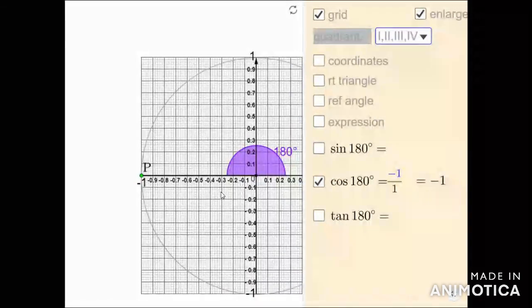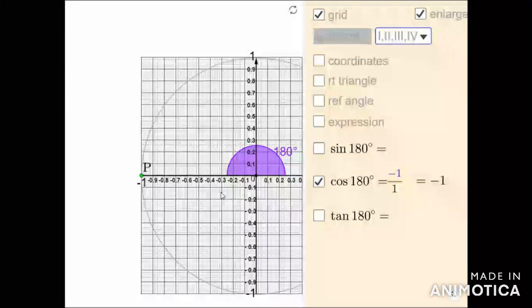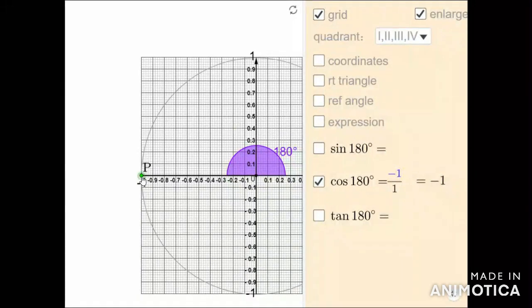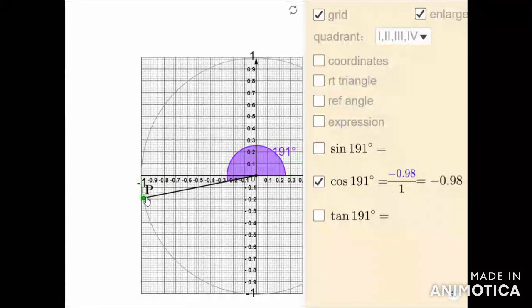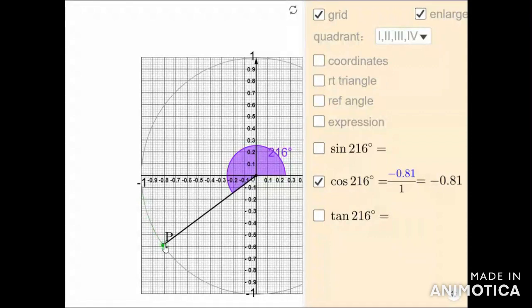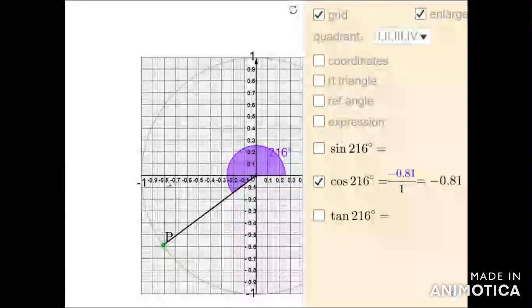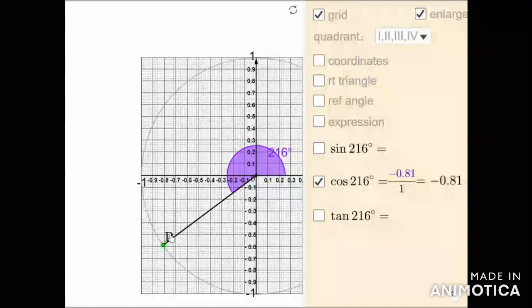And in the third quadrant also the x coordinate is negative and the y coordinate is also negative, and you can tell the value of the x coordinate here. The x coordinate is negative in the third quadrant, and it is minus 0.98, and if I place here, you can observe the x coordinate is minus 0.81, cos of 216 degrees equal to minus 0.81.